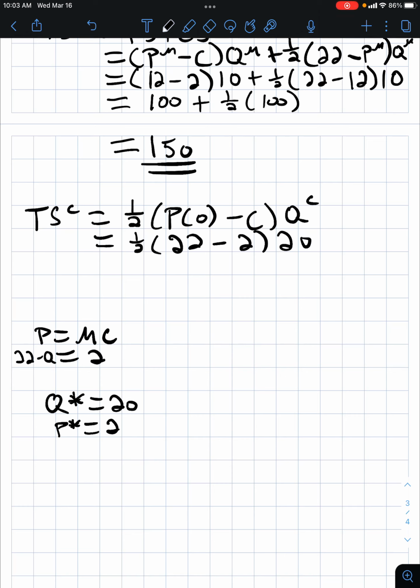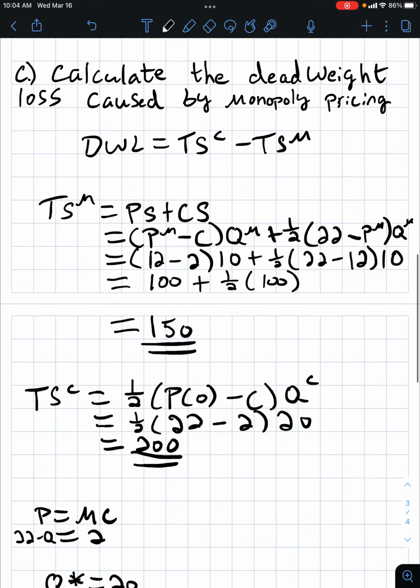This is going to be equal to 20 times 20, which is 400. Then take half of it, which is 200. So total surplus in a competitive setting is 200.